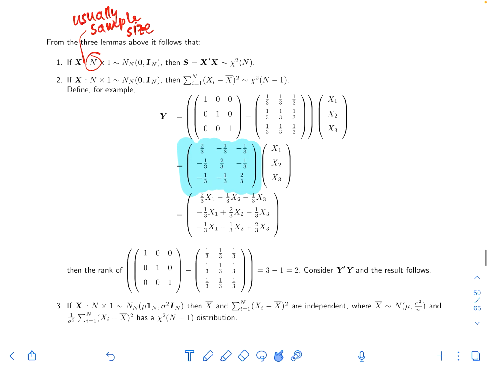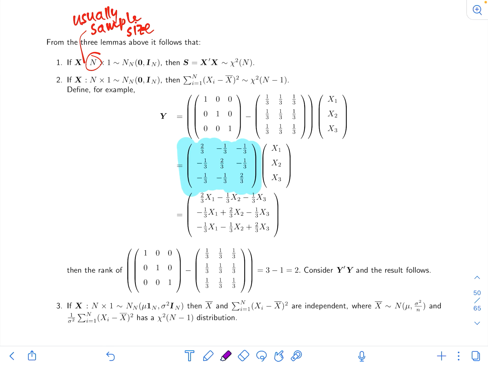Then we have some corollaries that follow from this that I want you to go and look through. This reminds me specifically of theorem 836 in Bain and Engelhardt. It's a very infamous theorem in WST 221, known to be quite long. But there we also show the independence of x bar and s squared.